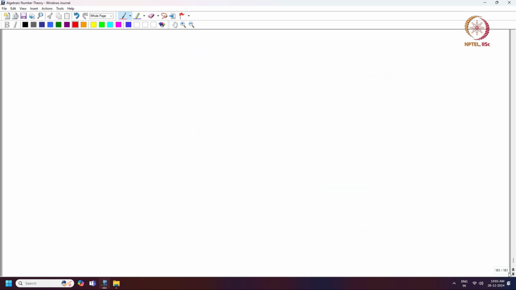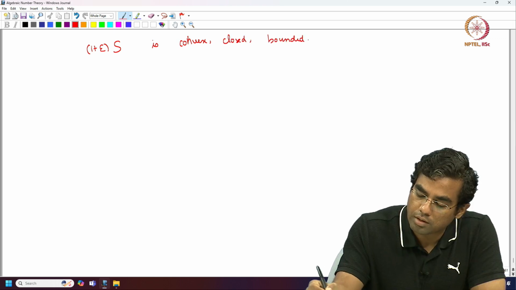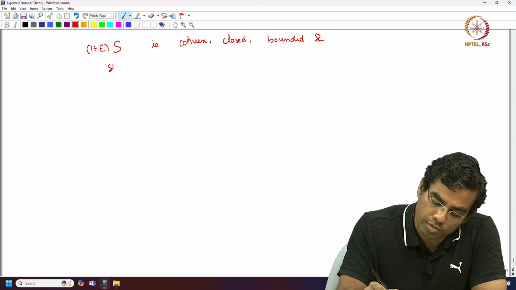Moreover, 1 plus epsilon S is convex, closed, bounded and symmetric about origin.